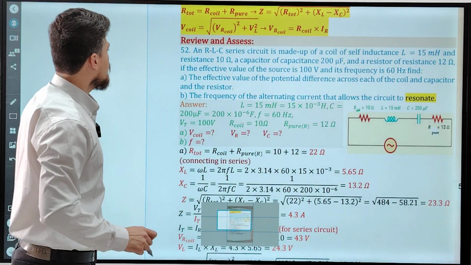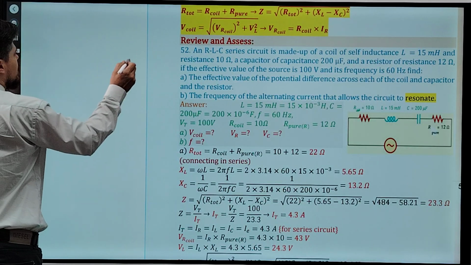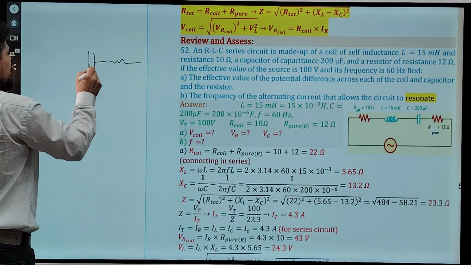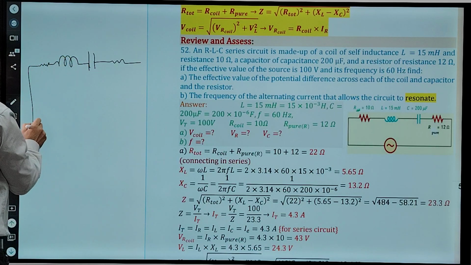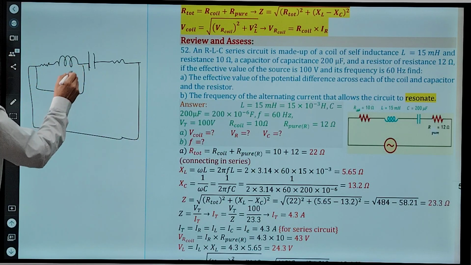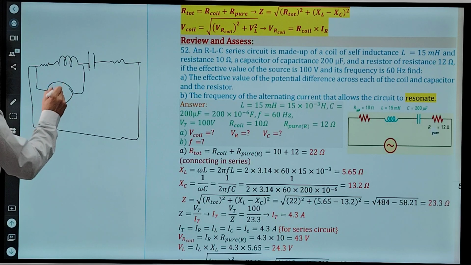And to find the potential difference across the inductance, this is a resistance and capacitance, and a coil with resistance. How can you find the potential difference across the coil?